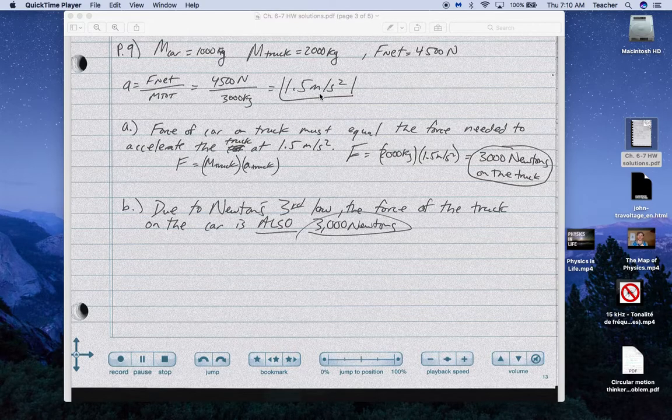If the truck is accelerating at this rate and the truck's mass is 2,000 kilograms, then I can find the force of the car on the truck. And that therefore must be also the force of the truck on the car. If you drew a free body diagram on the car, you'd see the truck is pushing 3,000 newtons backward to the right, and you'd see that the car is therefore still pushing 4,500 newtons forward to the left. That's why the car accelerates.